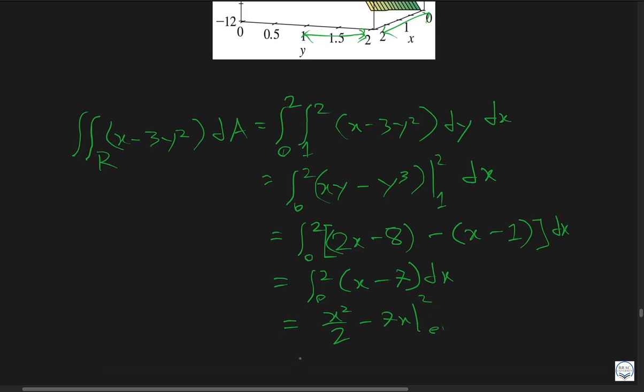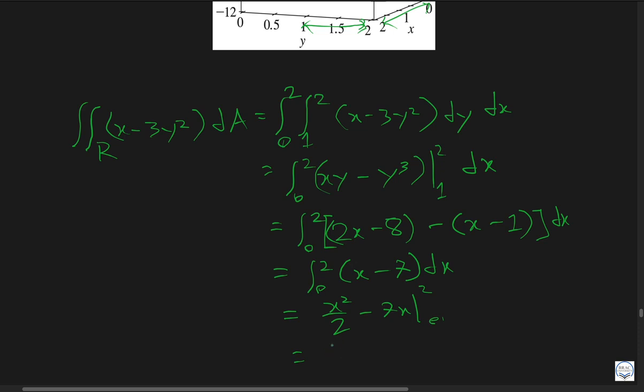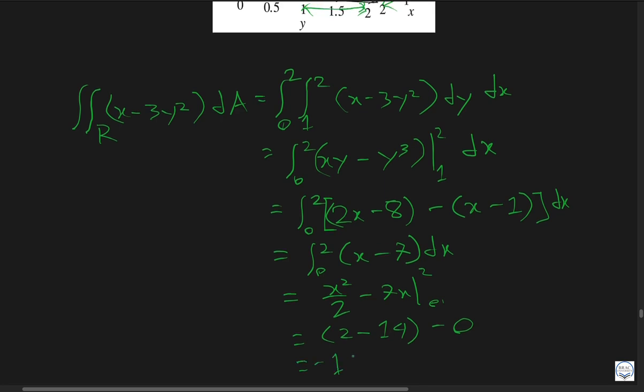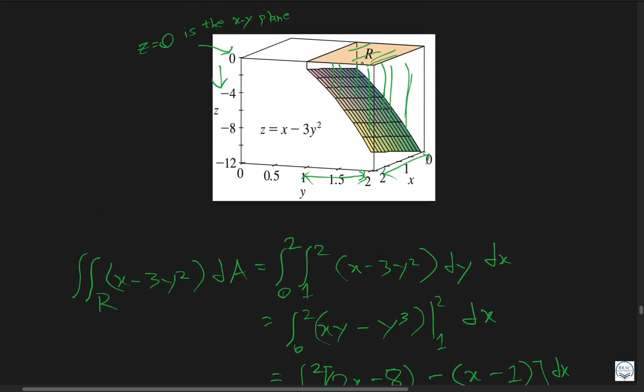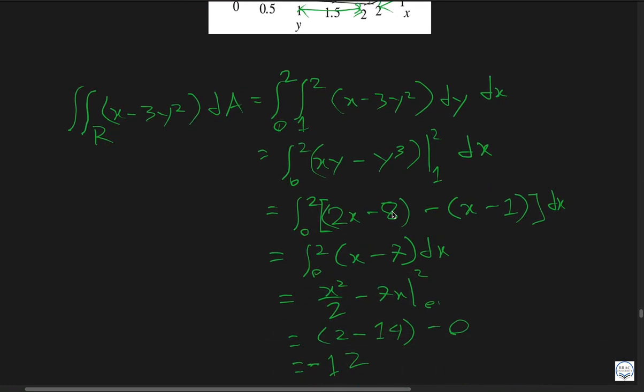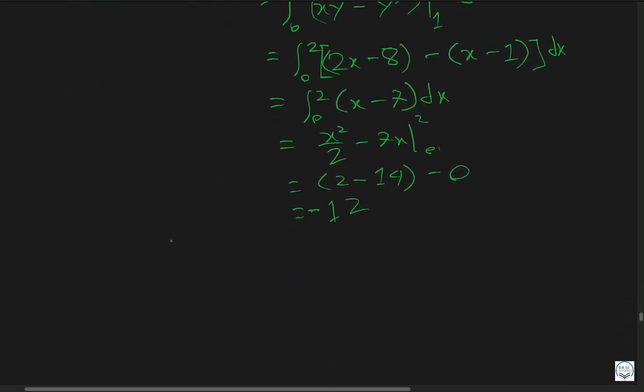And this is just x squared by 2 minus 7x, with the limits from 0 to 2. 2 squared is 4, 4 by 2 is just 2, so we've got 2 minus 7 into 2 is 14, and minus 0. So the answer is 2 minus 14 is minus 12. Minus 12 is the value of this integral, and as expected, this is negative because our surface lies below the region of integration R.